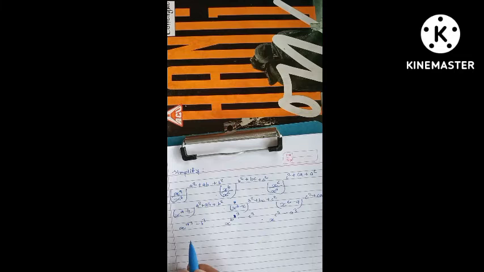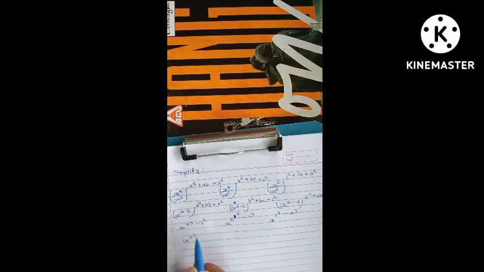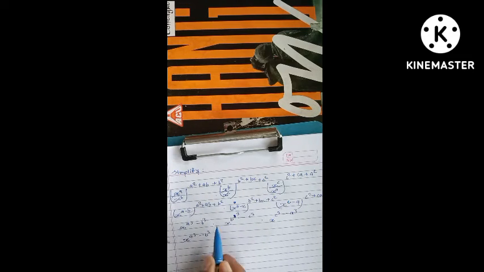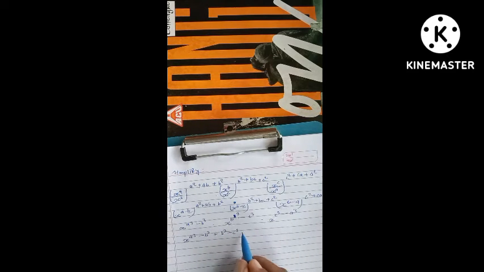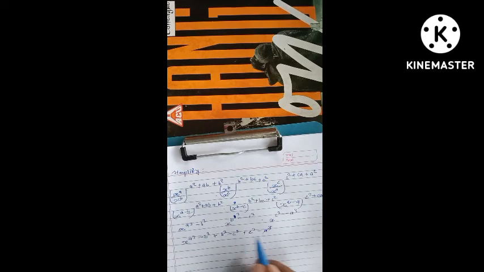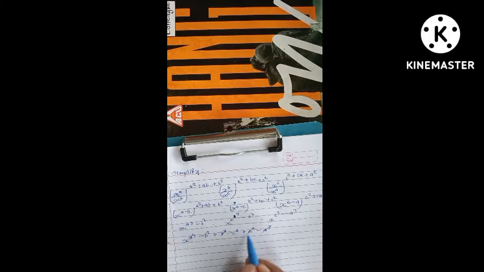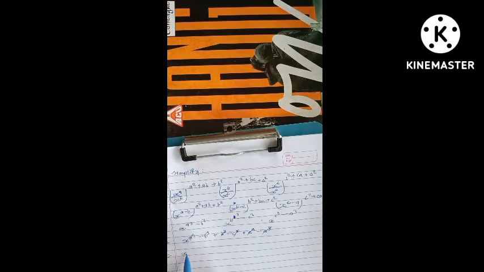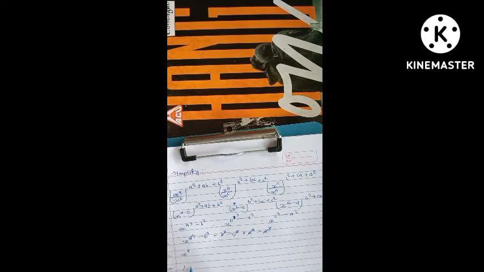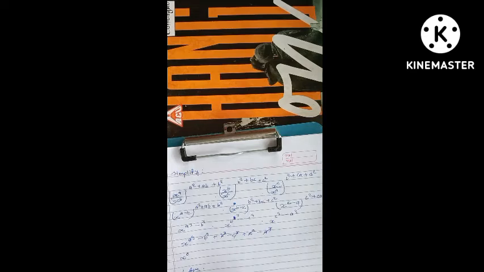Since it is multiply, we add the powers: a cube minus b cube plus b cube minus c cube plus c cube minus a cube. They cancel each other, which gives x to the power 0, which is equal to 1. That's your answer.